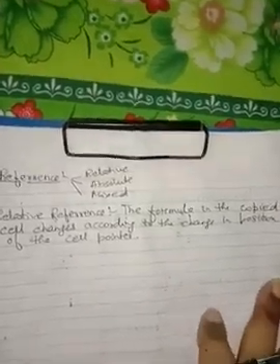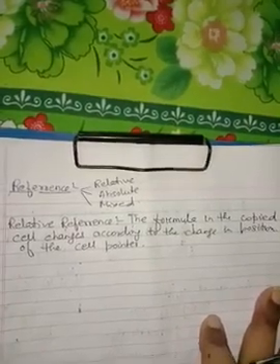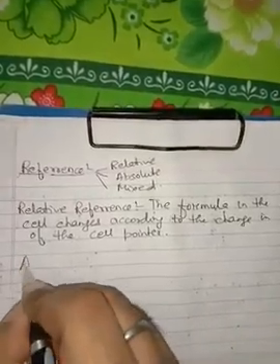The formula in the copied cell changes according to the change in the position of the cell pointer. I have just explained this topic. Now we come to the topic absolute reference.